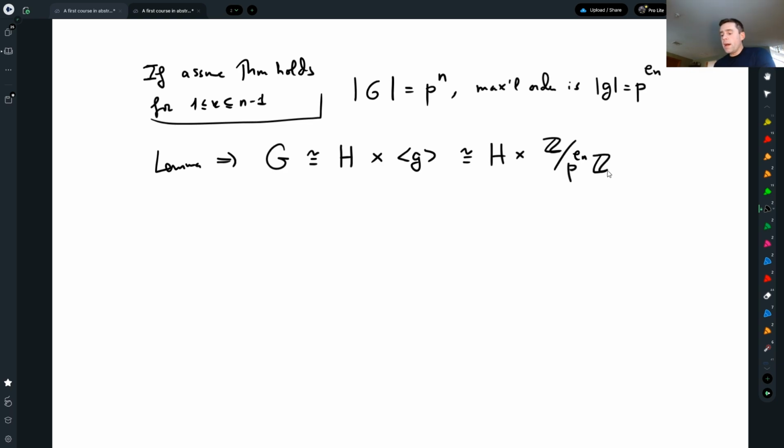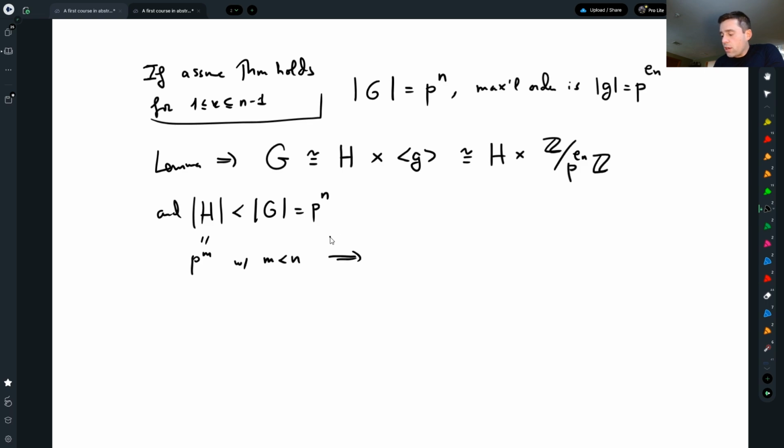Okay, and H is now of order less than the order of G, which was p to the n, and therefore this one is some p to the m with m strictly less than n.